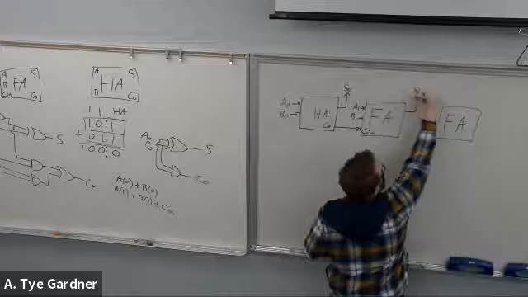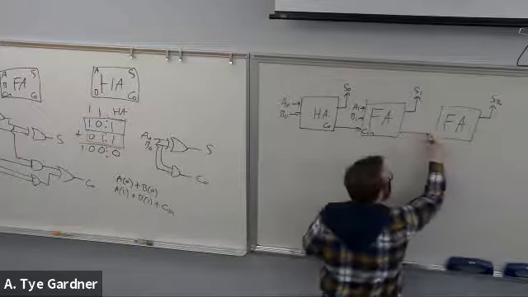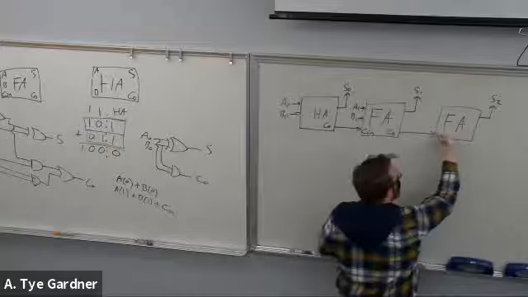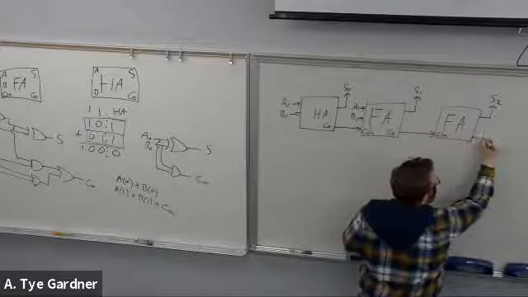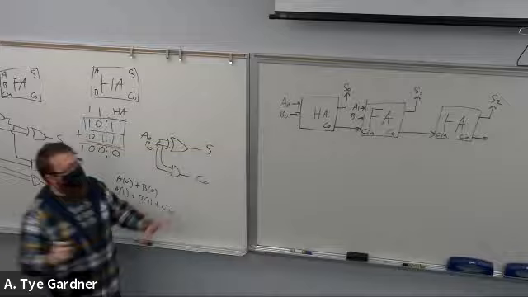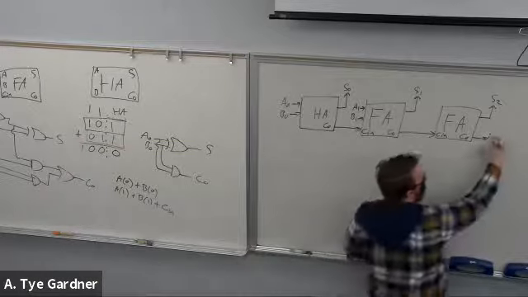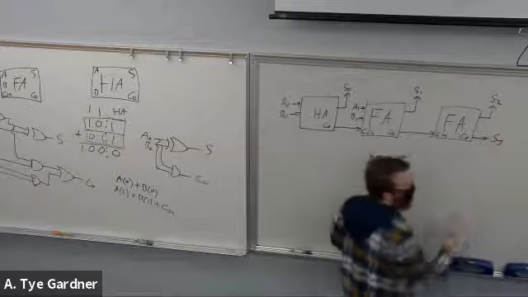This outputs sum at 1, this outputs sum at 2, carry out, carry in. The carry out, let me make sure I'm still on screen. Yep, the carry out of the last full adder then is the final sum bit.